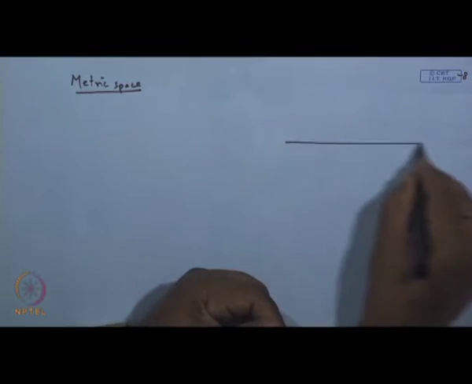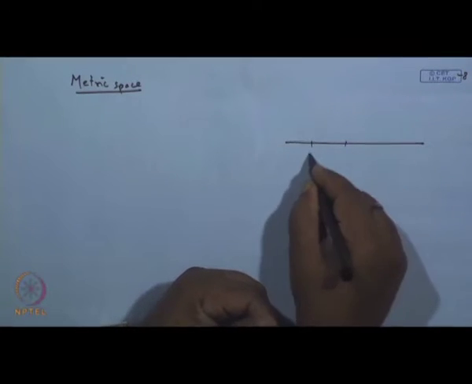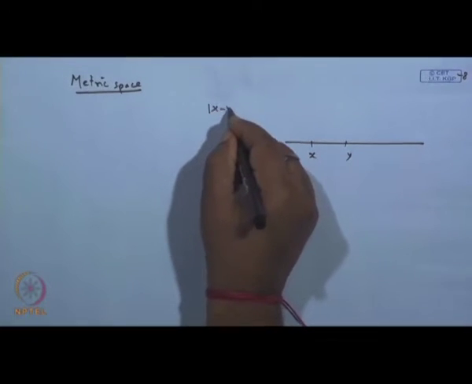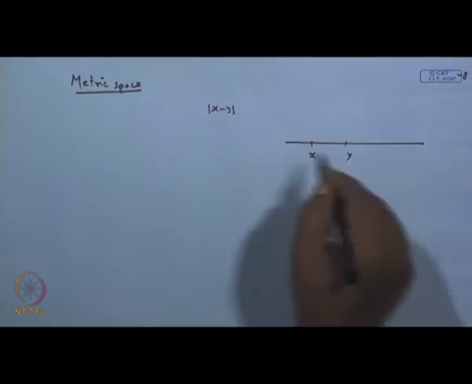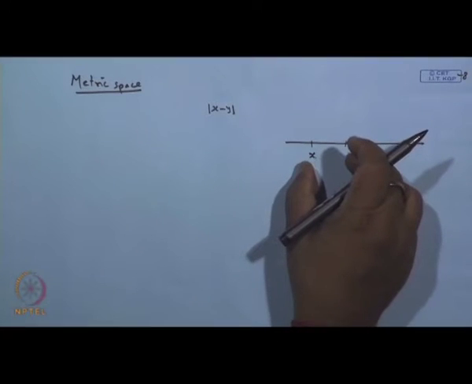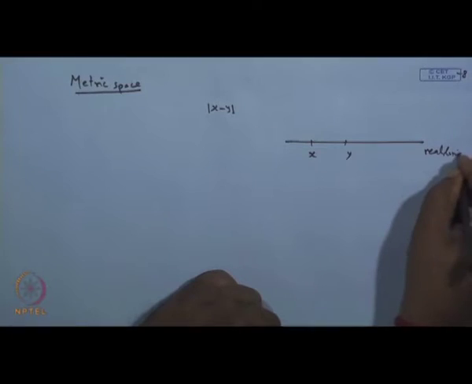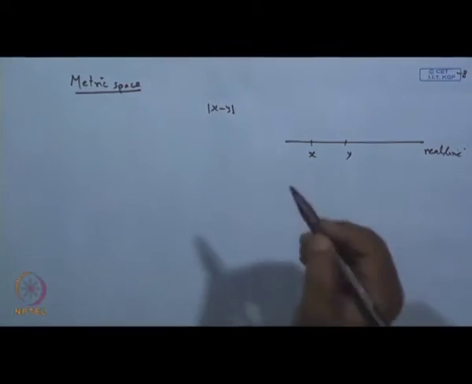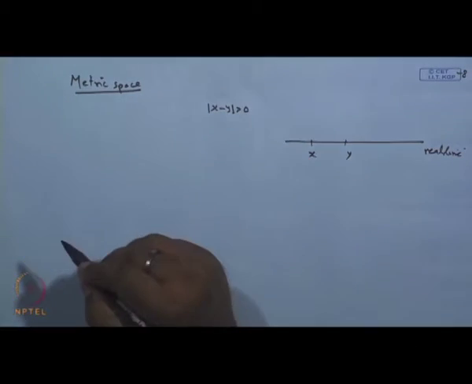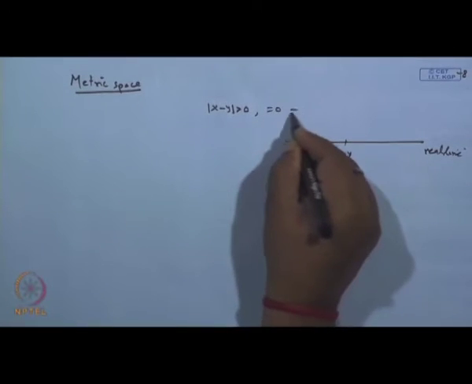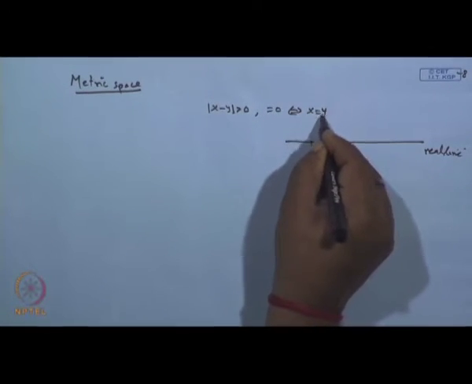This is the optional one, but we will discuss it here. As we have seen, in the case of the real line, when we pick up two points x and y, the distance between x and y is defined as mod of x minus y. This is the absolute distance between the two points on the real line, and this distance will always be greater than 0 and will be 0 if and only if x equals y.